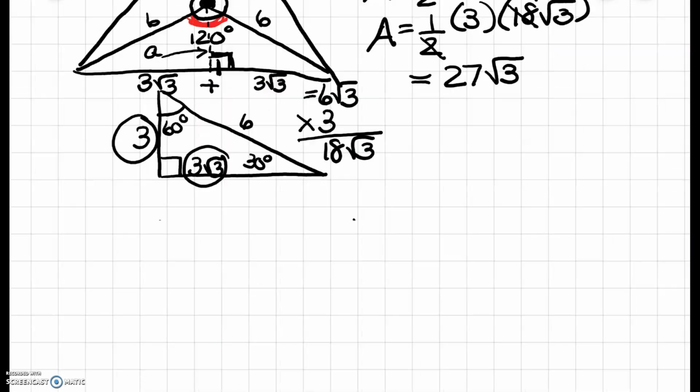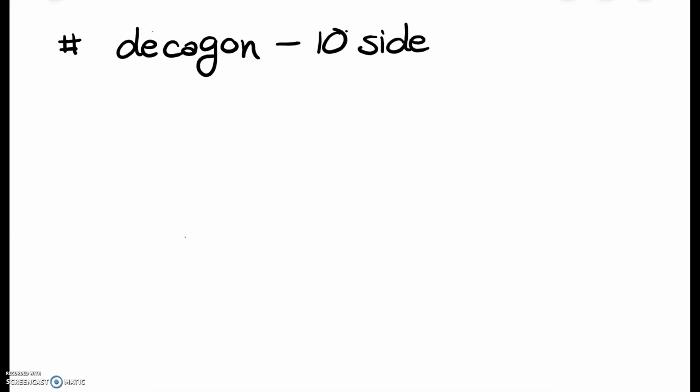Okay, so let's take a look at problem number 5. Instead of using an octagon, I'm going to start off and say it's a decagon. So that is a 10-sided figure. And that is going to be hard to draw, but I'm going to try it.